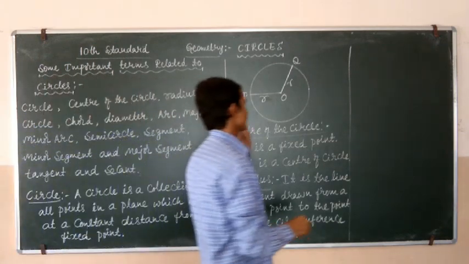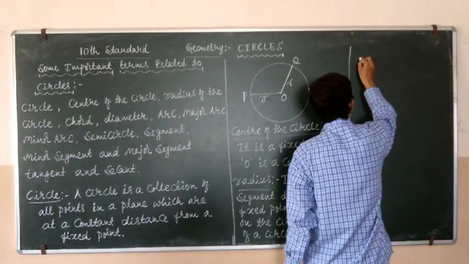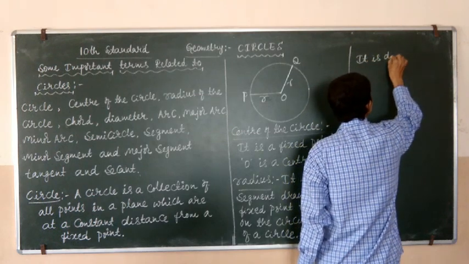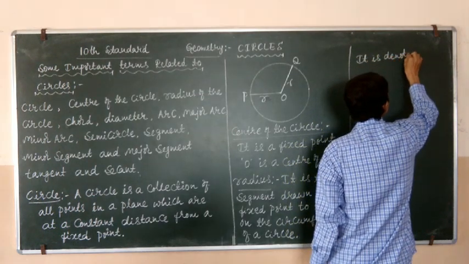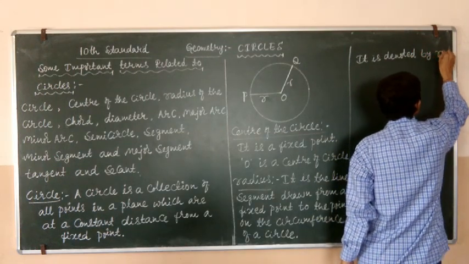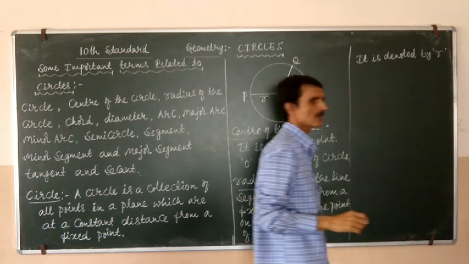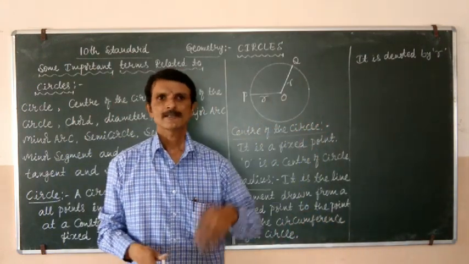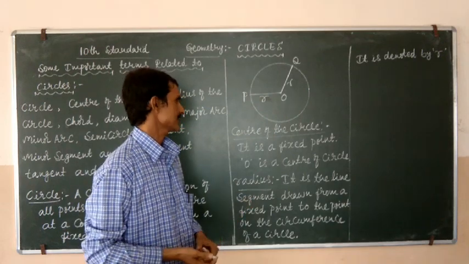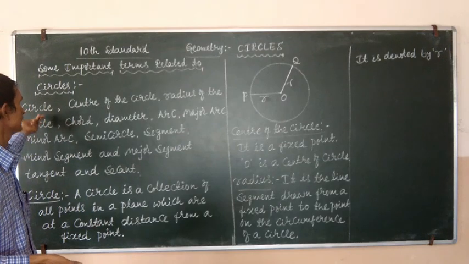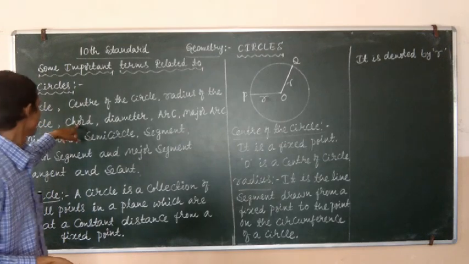It is denoted by the letter R. In a circle, you can draw many radii.